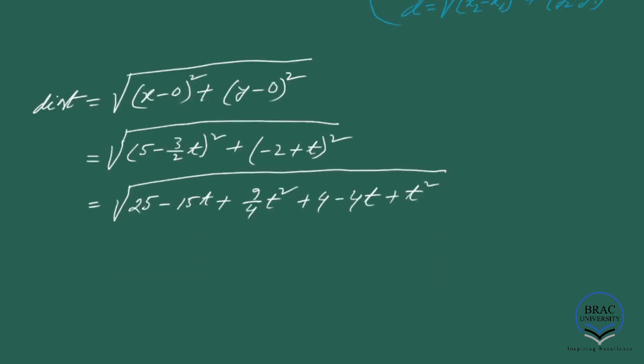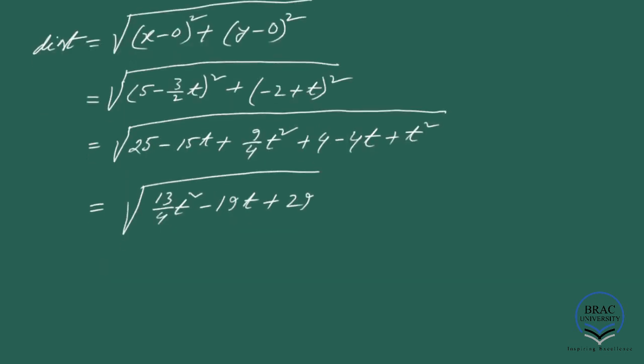Now I can simplify it a little bit, and this turns out to be the square root of 13 over 4 t squared minus 19t plus 29. So this is the distance between Rupam's current location at any time and the origin.